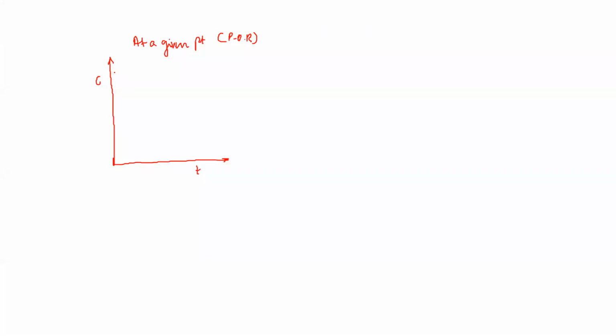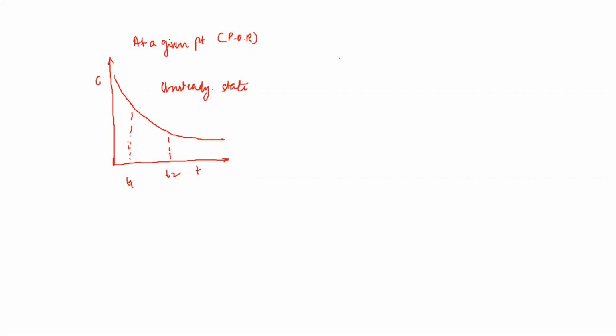If we see the variation of concentration with time, it will vary. So at time t equals 0, the concentration was something else, at t1 it is something else, and at t2 it is something else. This kind of process is an unsteady state process.